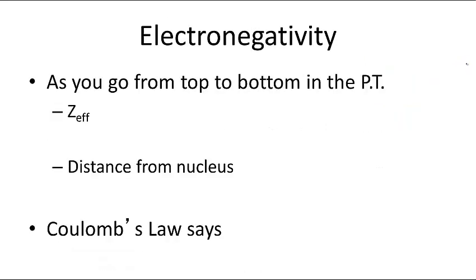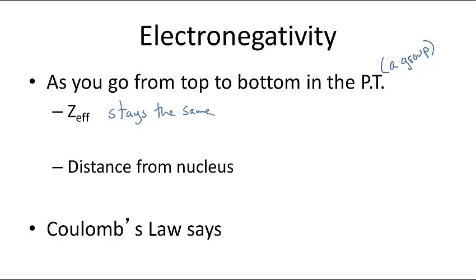So as you go from top to bottom in the periodic table, in a group, the effective nuclear charge stays the same. Because every time you go down one row, you're adding another energy level.